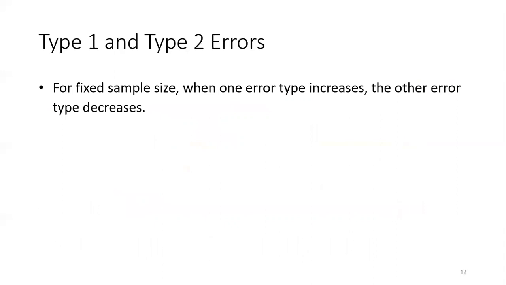So if you go back and look at type 2 error with type 1 error, for any fixed sample size, if you fix n, then when one error type increases, the other one decreases. So if alpha increases, beta decreases, or if alpha decreases, then beta increases.